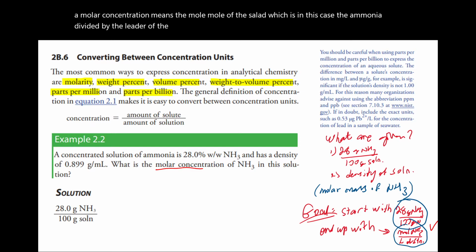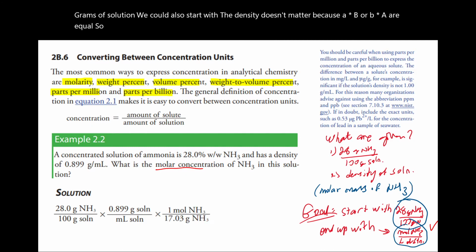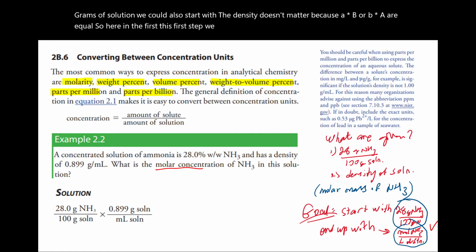So we start with the percentage of ammonia here, 28 grams ammonia per 100 grams of solution. We could also start with the density. It doesn't matter, because A times B or B times A are equal. So here, in this first step, we are basically converting this gram solution.